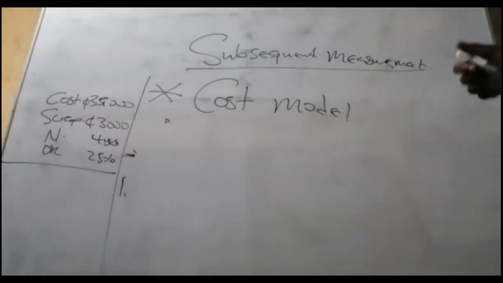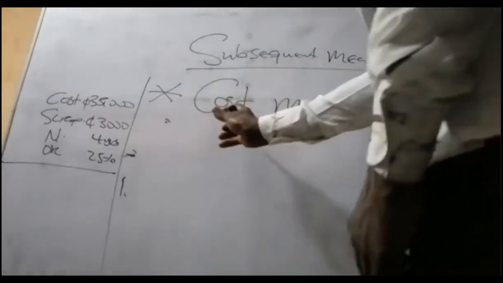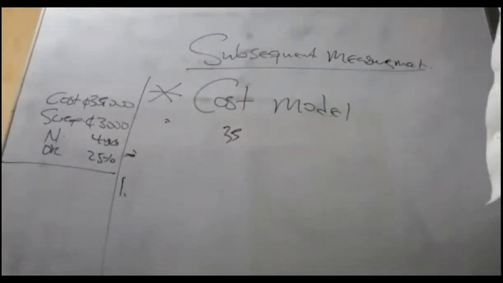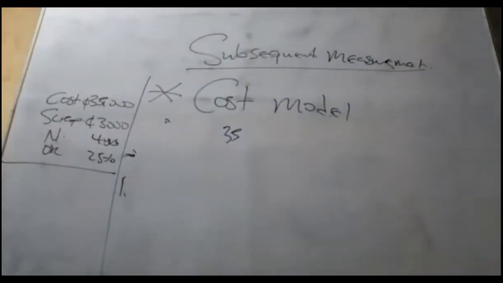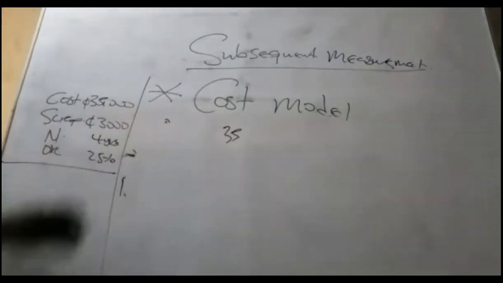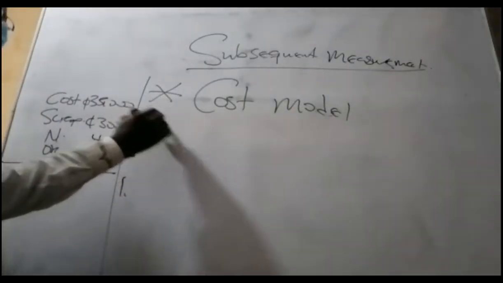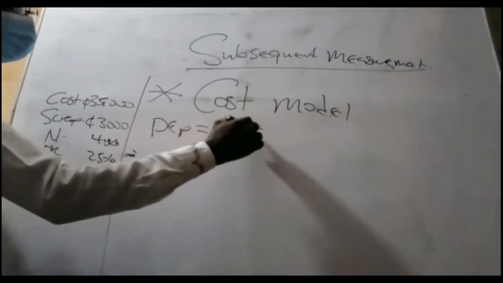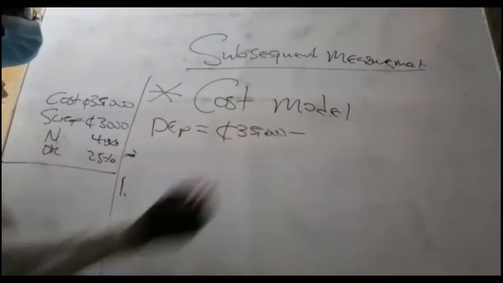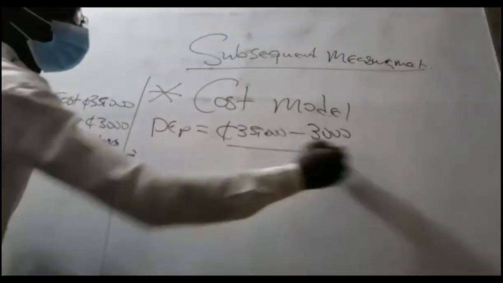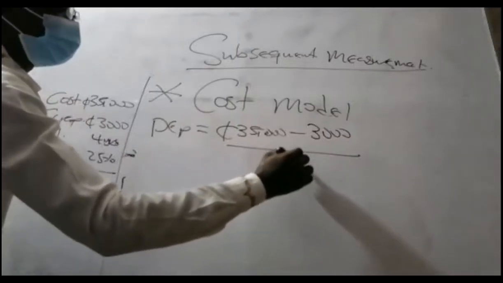So depreciation will be cost of the asset 35,000 less the scrap value of 3,000, divided by 4 years.